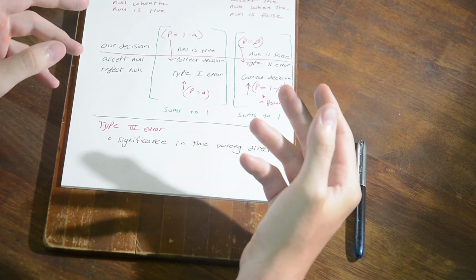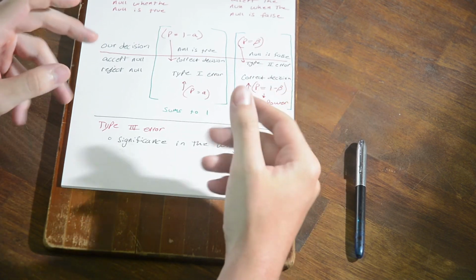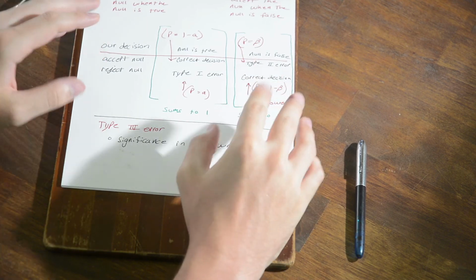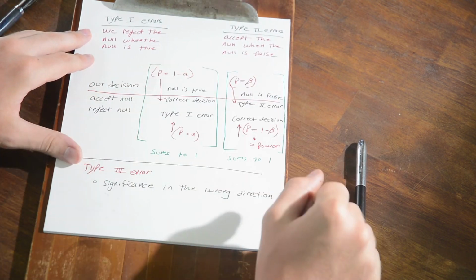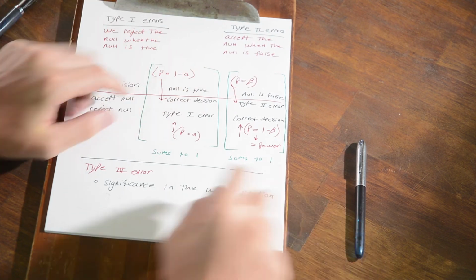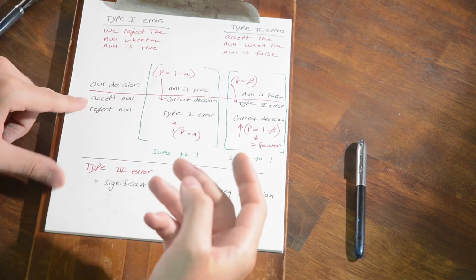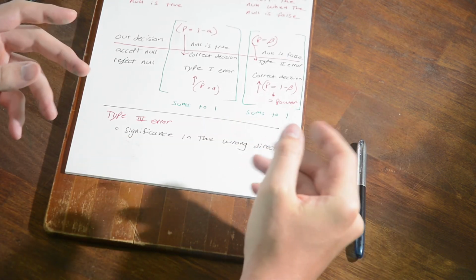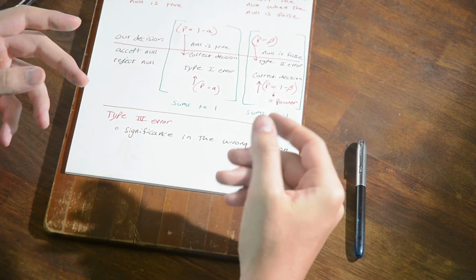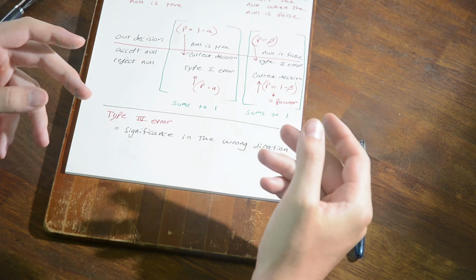And so this is something that you should just be familiar with just in case you come across it or your professor asks about it, as opposed to something that is truly essential to your understanding of null hypothesis significance testing, like our type 1 and 2 errors up here. So most of your attention goes to those, and a little bit on this just as a trivia fact. I'm not even aware if there is a way that you calculate a type 3 error rate.